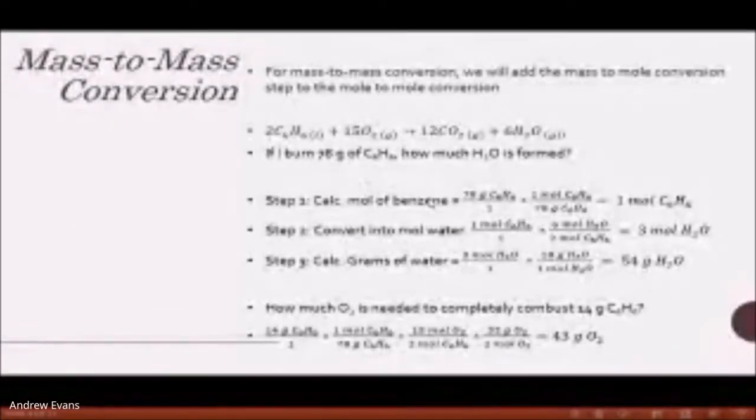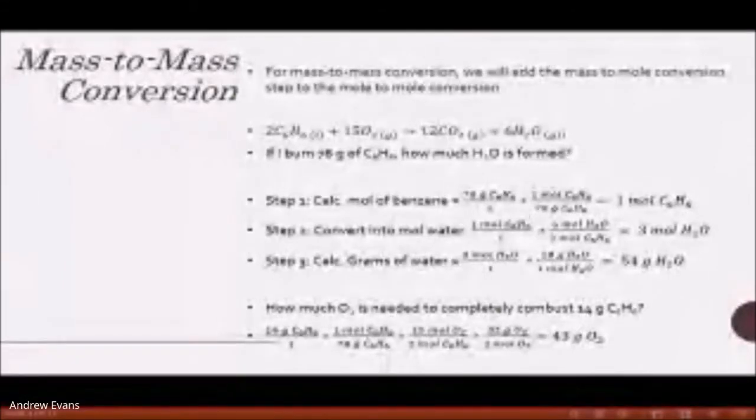But to calculate the moles, first you'd have to calculate the moles of benzene. I set it up so that I have 1 mole of benzene. You would say 12 times 6 is 72. And then 1 times 6 is 6. 72 plus 6 is 78. So 78 grams of benzene is exactly 1 mole of benzene. Then I have our mole-to-mole ratio.